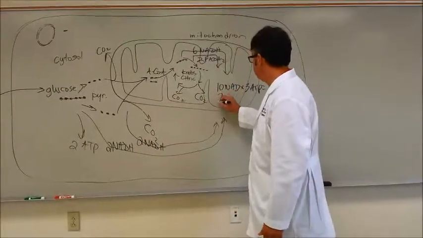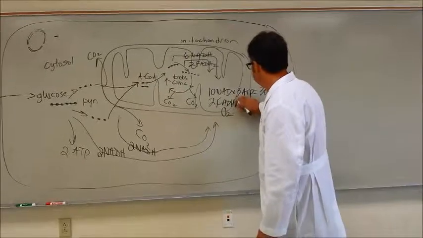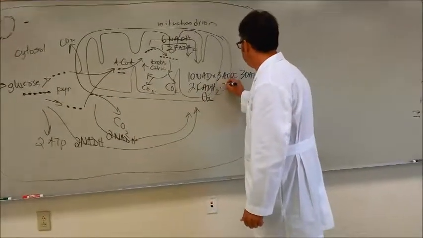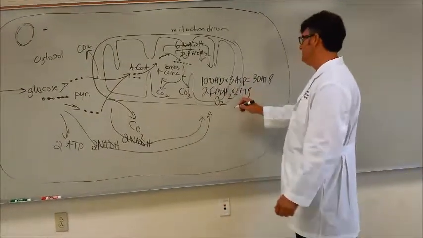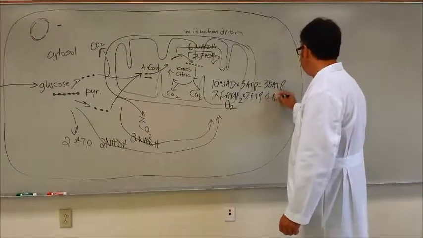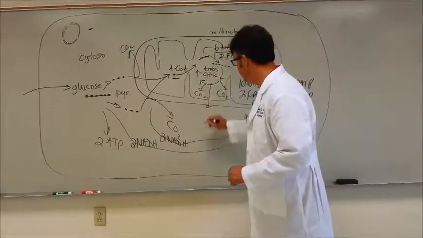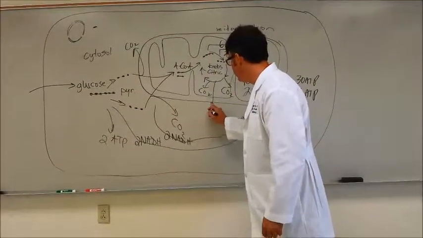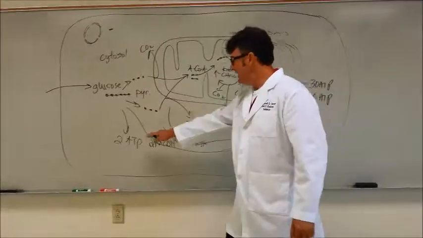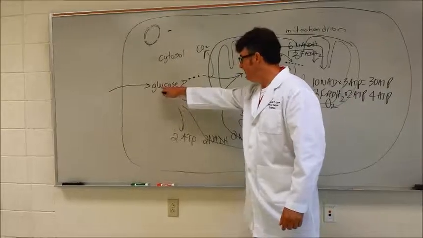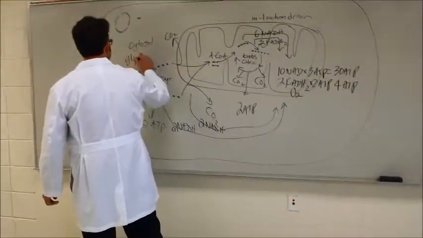Every FADH2 cashes in for 2 ATPs. So 2 times 2 makes 4 ATPs. And I forgot to mention it, there are 2 ATPs formed in the Krebs or citric acid cycle. There's a net of 2 that come from this transition step, which is called glycolysis.